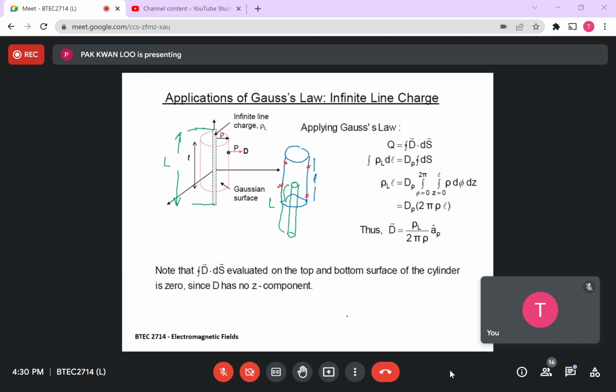It doesn't obey the consistency of the charge distribution. From this point of view it is different, from this point of view it is different.